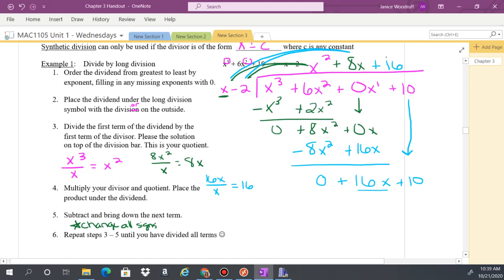So I'm going to do 16 times x. That will give me a 16x. And then 16 times negative 2, negative 32. Okay, then I'm going to change all signs. So minus, plus. 16x minus 16x gives me 0. 10 plus 32 gives me 42.